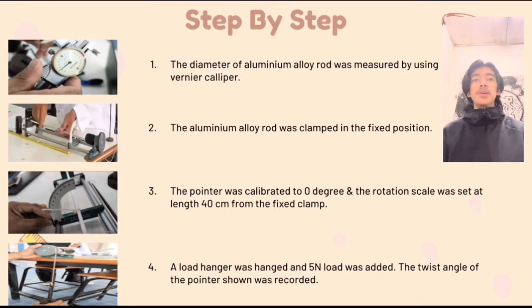Second, the aluminum alloy rod was clamped in the fixed position. Third, the pointer was calibrated to 0 degrees and the rotation scale was set at a length of 40 cm from the fixed clamp. Fourth, the load hanger was hung and a 5 Newton load was applied, and the twist angle the pointer showed was recorded.